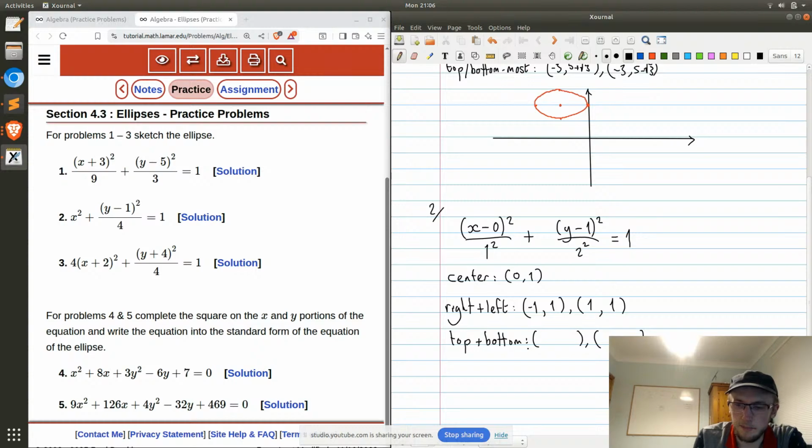The top and bottom must have the same x coordinates as the center, but varying y coordinates. So think it through. Plus or minus 2. Oh no, that's in the wrong order. It doesn't matter logically, but you know. And that's in the wrong order as well.